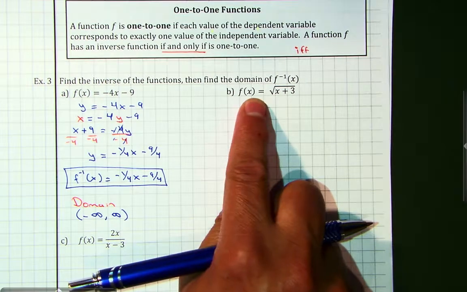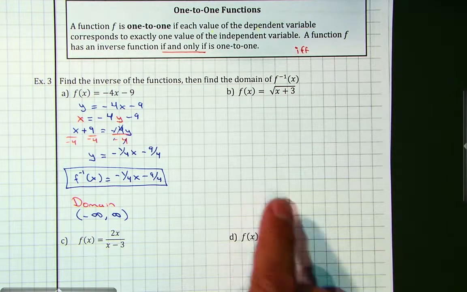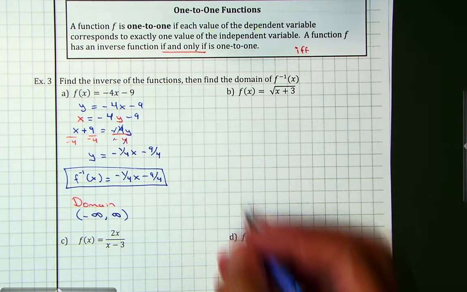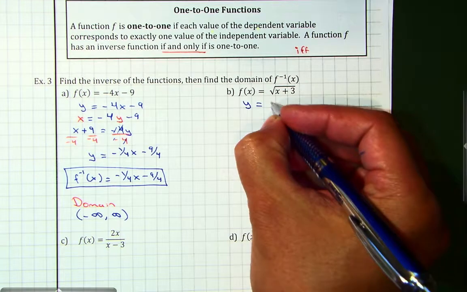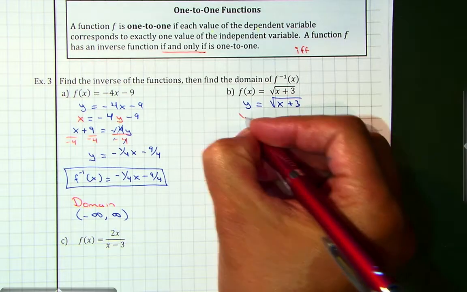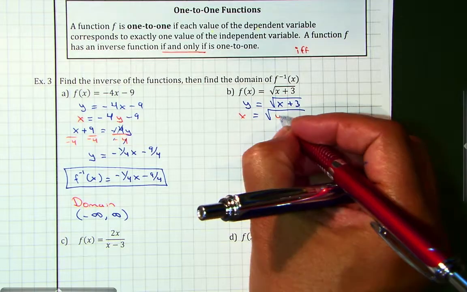Letter B. So go through the process, find your inverse function, and then we can check your answer. Then pause it, work it out. So therefore, y equals the square root of x plus 3. The y becomes the x, and the x becomes the y.